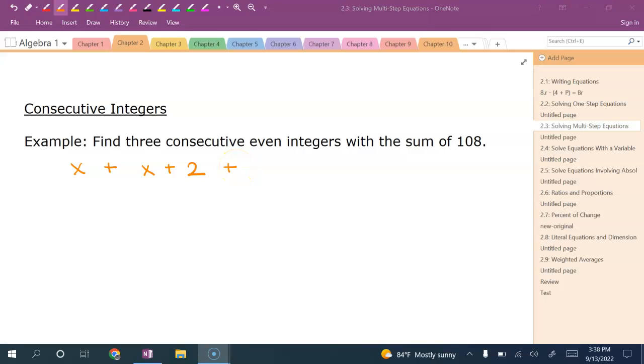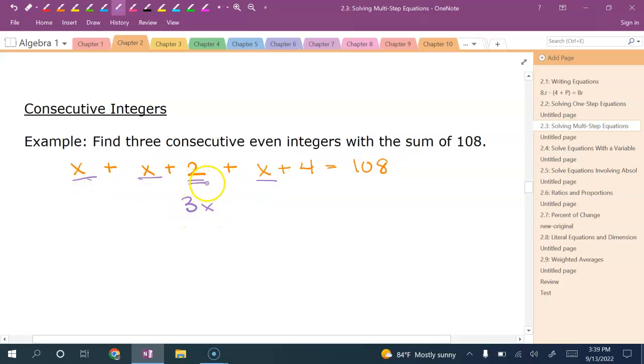And then we would have for the third one, x plus 4, since you're skipping over a number, and that would equal 108. Then if you remember, we combined our x's, so there's 3 of them. 1, 2, 3. So 3x, and then our numbers 2 and 4. So we wrote all of ours with 3x plus 6, and then the only number that really changed is what the sum was, so it equals 108.